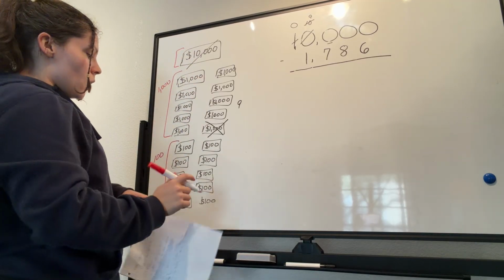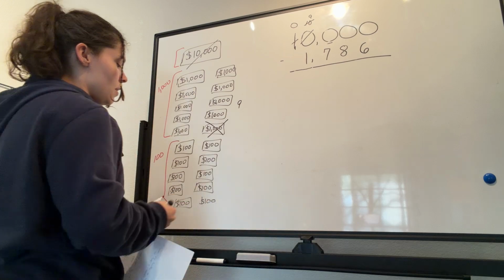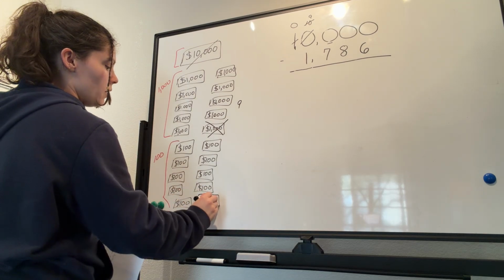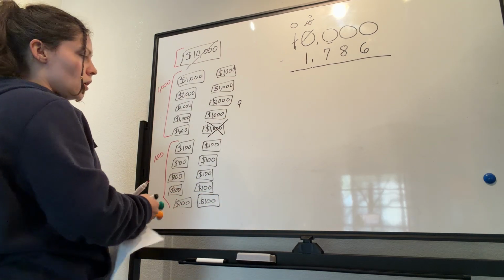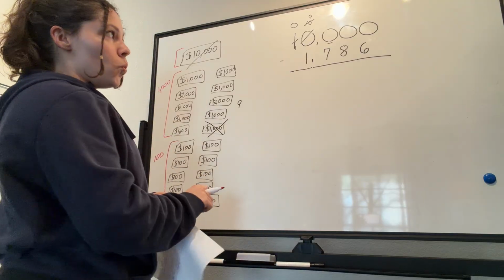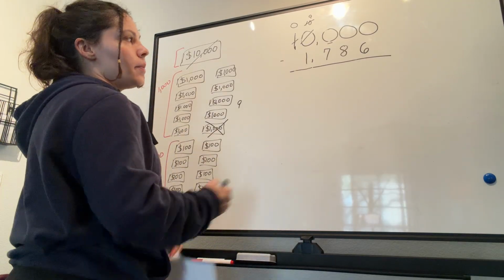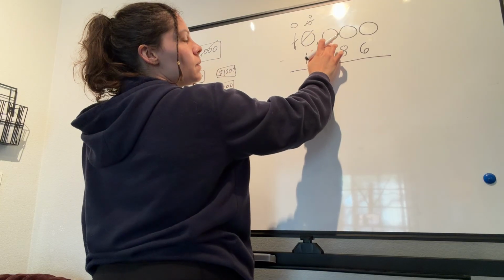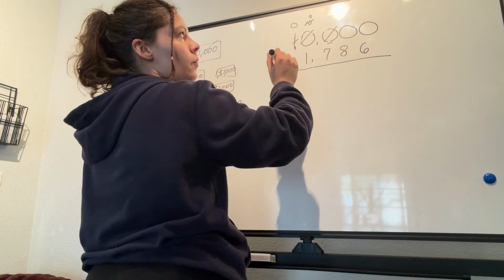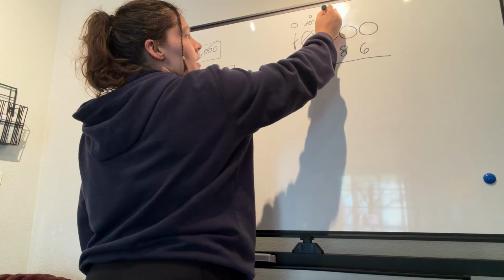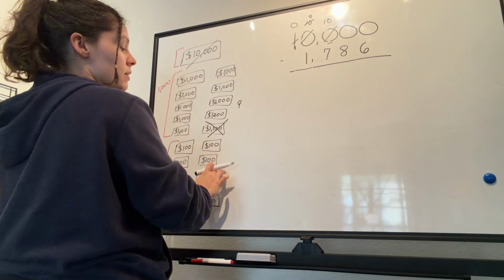Now we have 10 $100 bills. We have to change our number up here in the hundreds place. We're going to cancel that out and make it a 10, because now we have 10 of these.